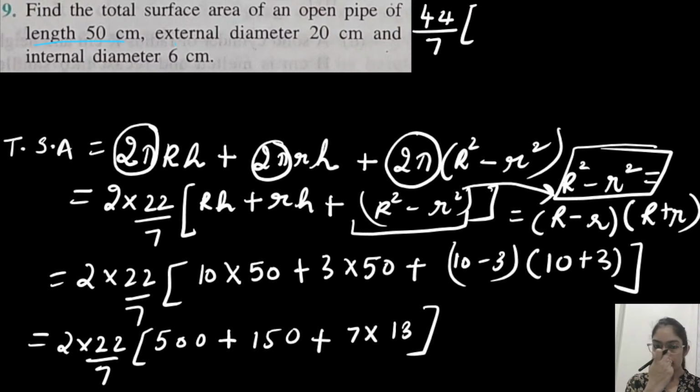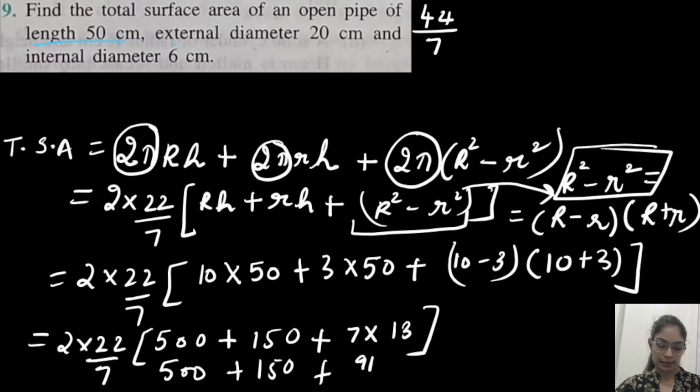Then here we have 500. See, 7 into 13, these things also we can add. Just add this and tell me. Yes, this is 91. So this is 500 plus 150 plus 91. Add this and tell me what we will get. 741.